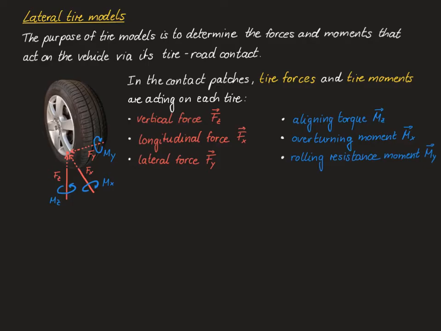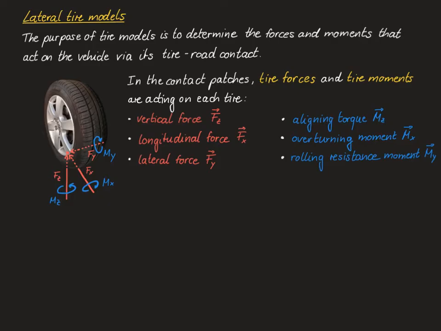So the three tire forces or tire force components are split up according to the wheel's coordinate system. So first of all, we have the vertical force Fz pointing in the z direction of the wheel coordinate system. Then we have the longitudinal force pointing in the x direction of the wheel coordinate system and the lateral force pointing in the y direction of the wheel coordinate system.